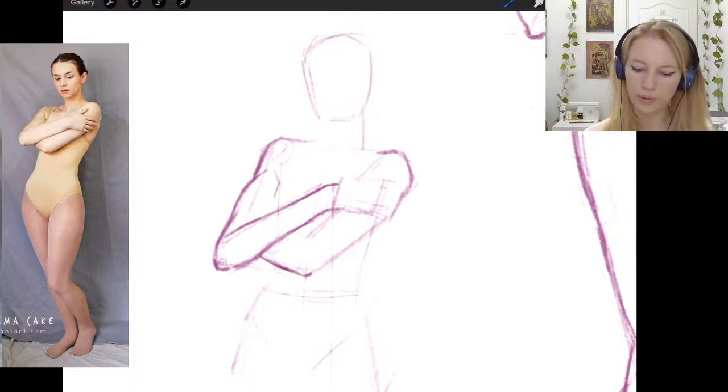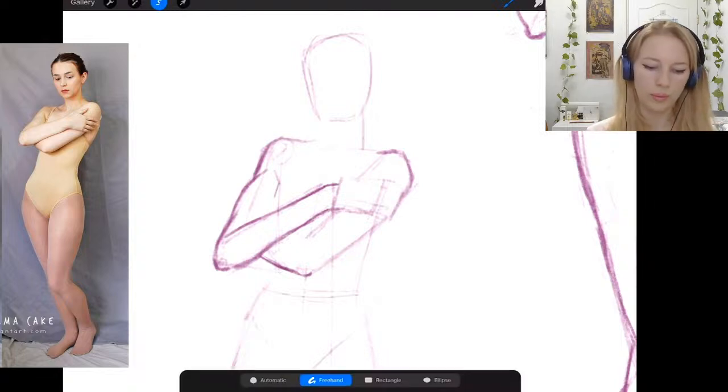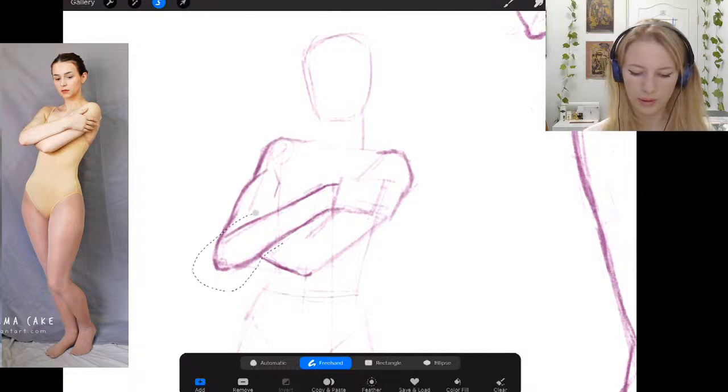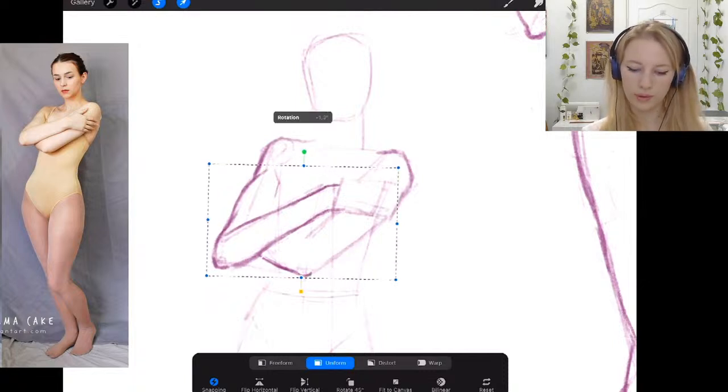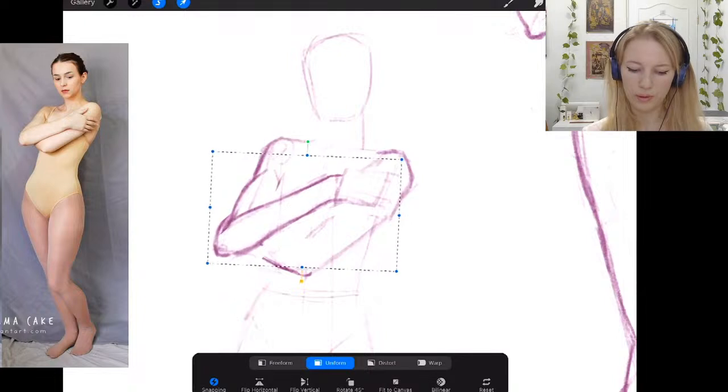And now I realize that we need to put it a bit higher. I think I might even rotate it a bit.